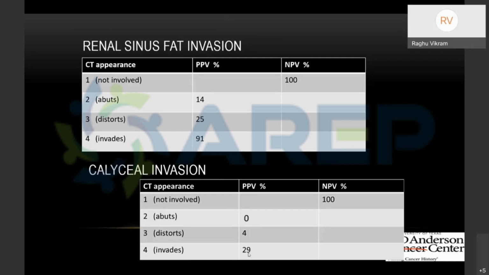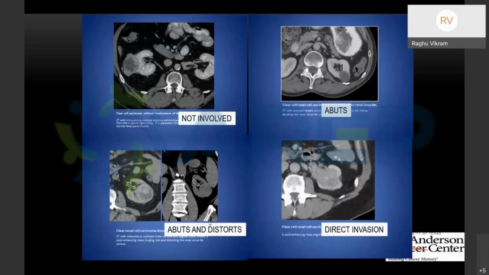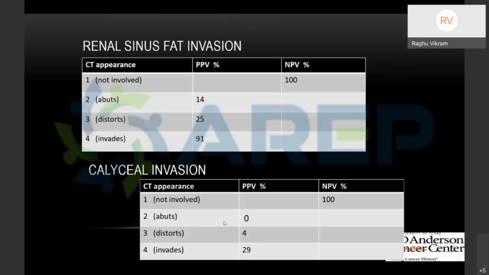So clearly, what we learned is that in clear cell renal cell carcinoma, we overstage if we are just looking at these things. When we presented it to the surgeons, they said, we are not really surprised, but this is very useful information, because you guys say it probably involves the renal sinus fat or calyx, but most of the time we don't find it. That is basically what this study showed.